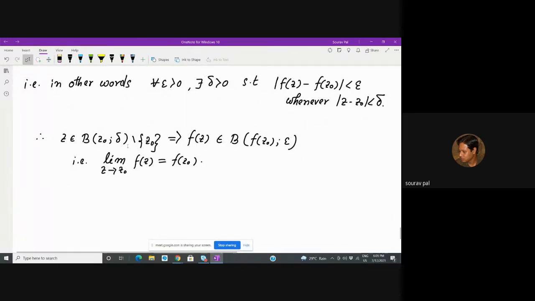And we have a sequential criterion for limit. So we have a sequential criterion for continuity.